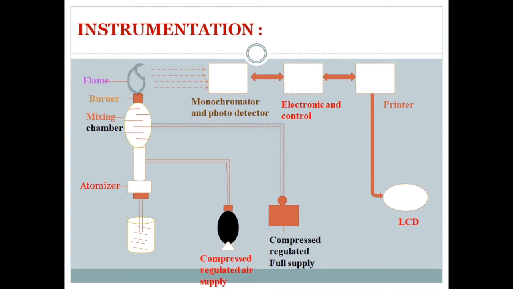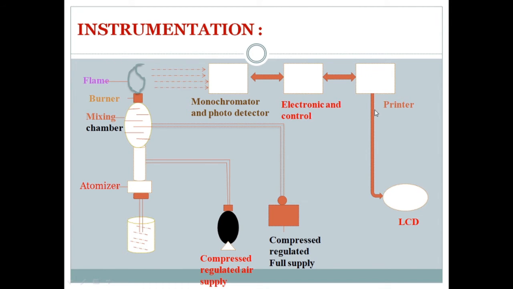This is the block diagram of instrumentation of flame photometer. Here is the sample, then there is an atomizer. After that there is a mixing chamber, burner, flame, monochromator and photodetector, electronic and control unit.